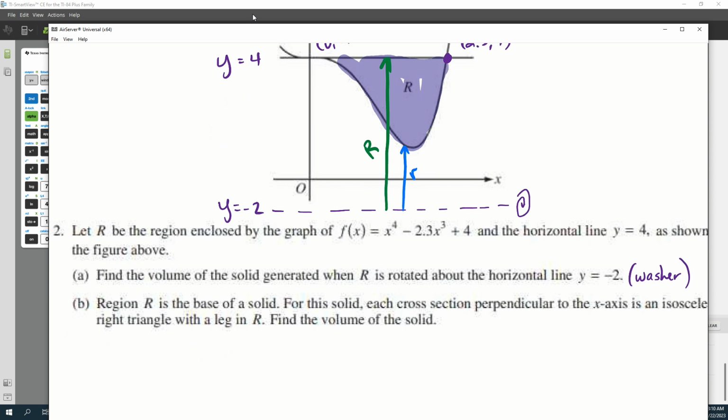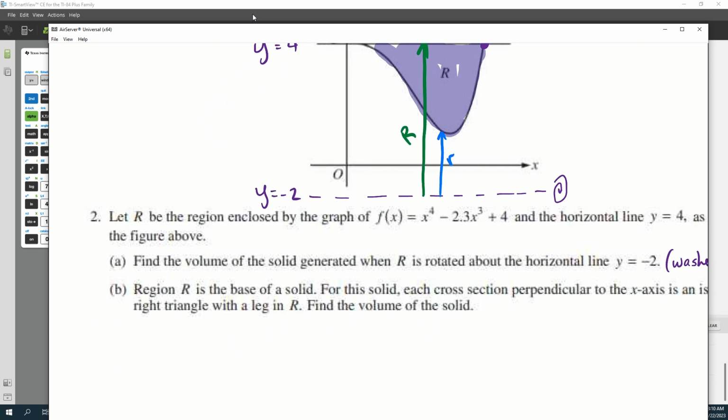Us calling this capital R makes me a little nervous because there already is a capital R in the problem. So when you're doing your work, if this happens on the AP test, you might want to let the person know that you're talking about a radius when you say what R is. Just let them know you're not talking about the shaded region R.